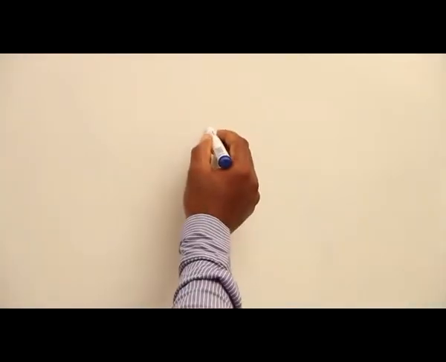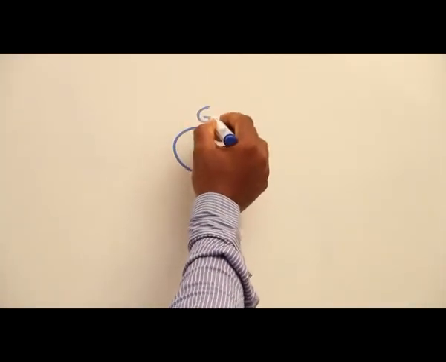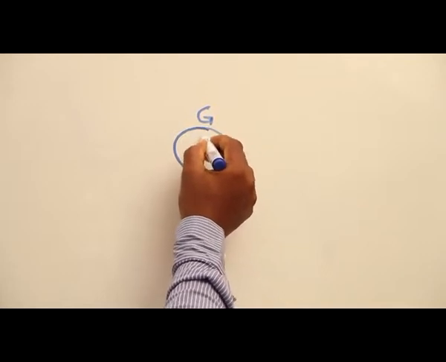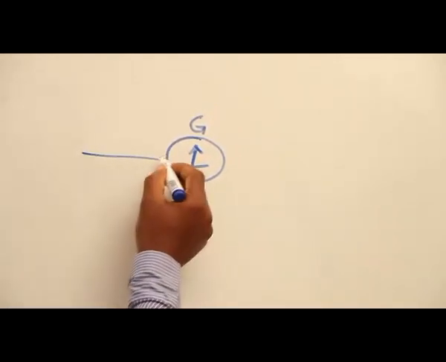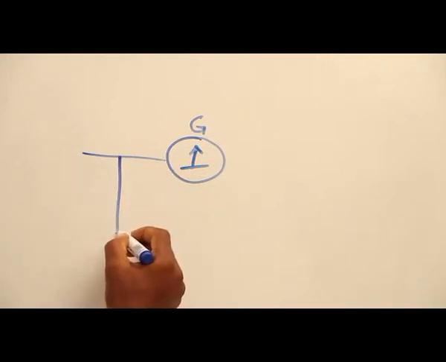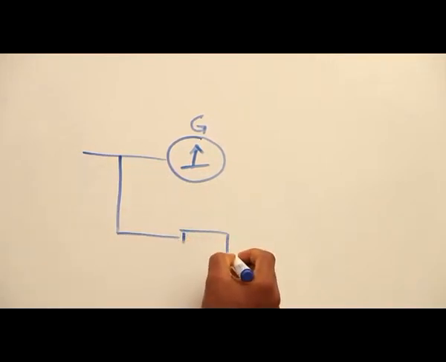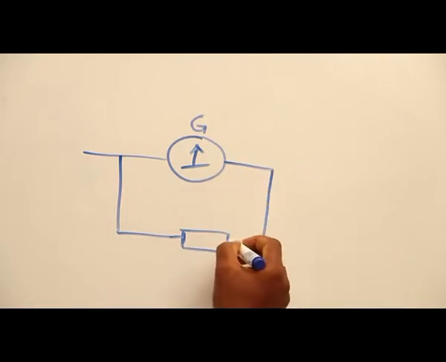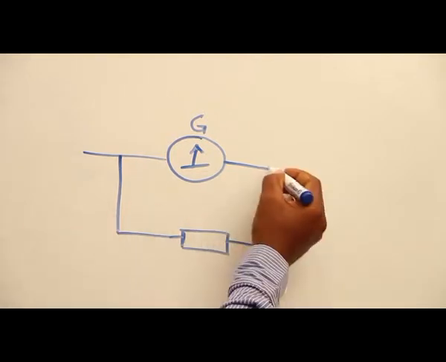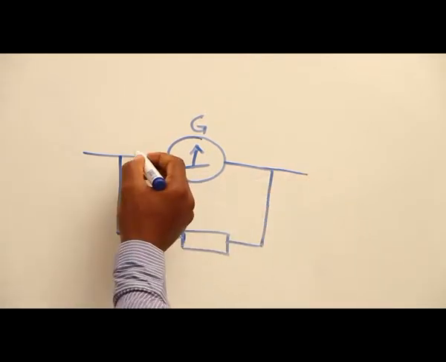We have the galvanometer represented by capital letter G. To convert it to an ammeter, we have to connect the shunt in parallel with the coil of the galvanometer. The arrangement is shown.